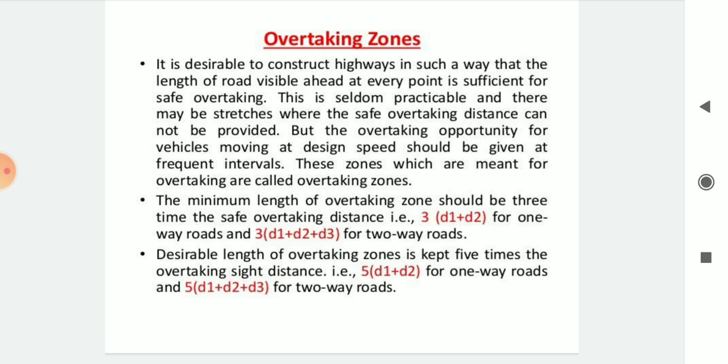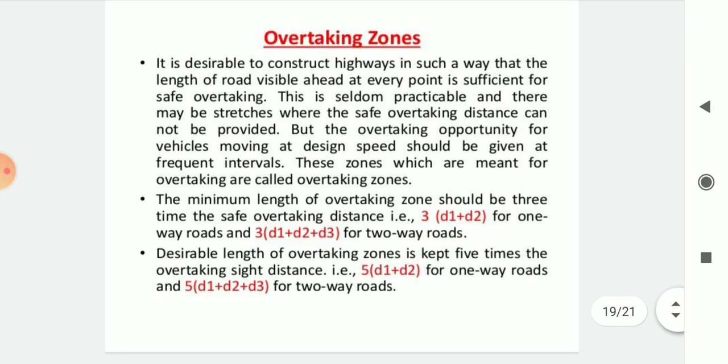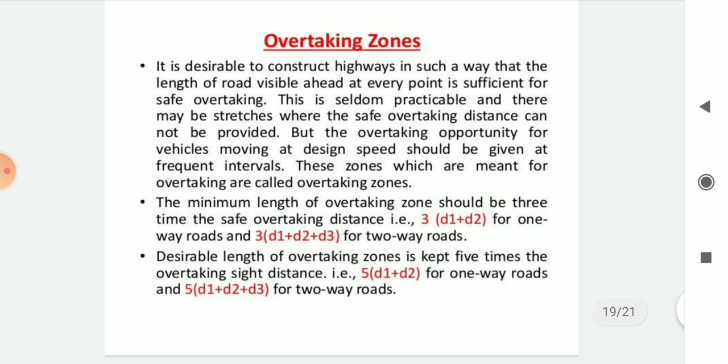The minimum length of overtaking zone should be 3 times the safe overtaking distance, that is 3 times (d1 plus d2) for one-way roads and 3 times (d1 plus d2 plus d3) for two-way roads. The desirable length of overtaking zones is kept 5 times the overtaking sight distance, that is 5 times (d1 plus d2) for one-way roads and 5 times (d1 plus d2 plus d3) for two-way roads.